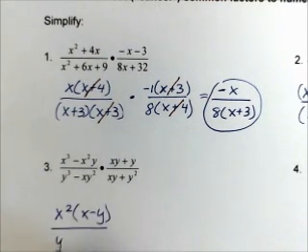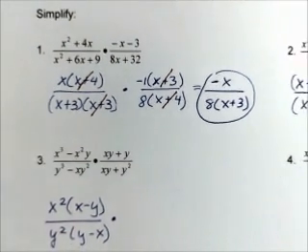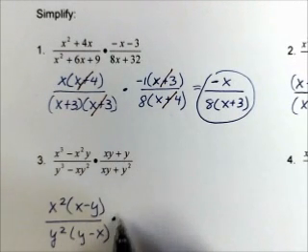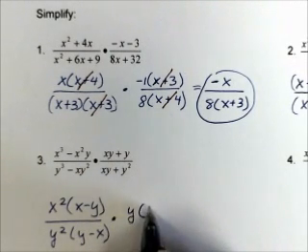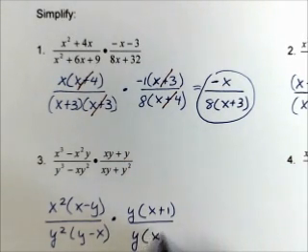Next, number 3, factoring. The GCF of our first numerator is x squared times (x minus y). Denominator, we have y squared times (y minus x), times our second numerator, there's a y in common, (x plus 1), and denominator, another y, (x plus y). Divide out common factors. The y's here divide out.